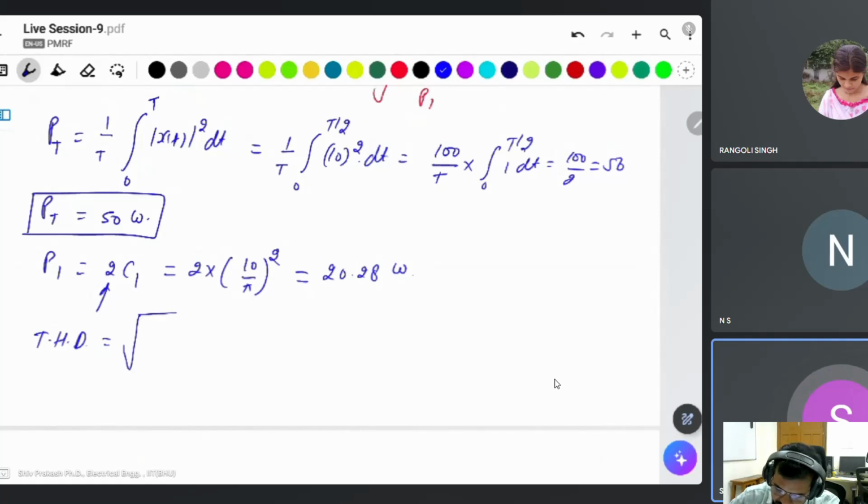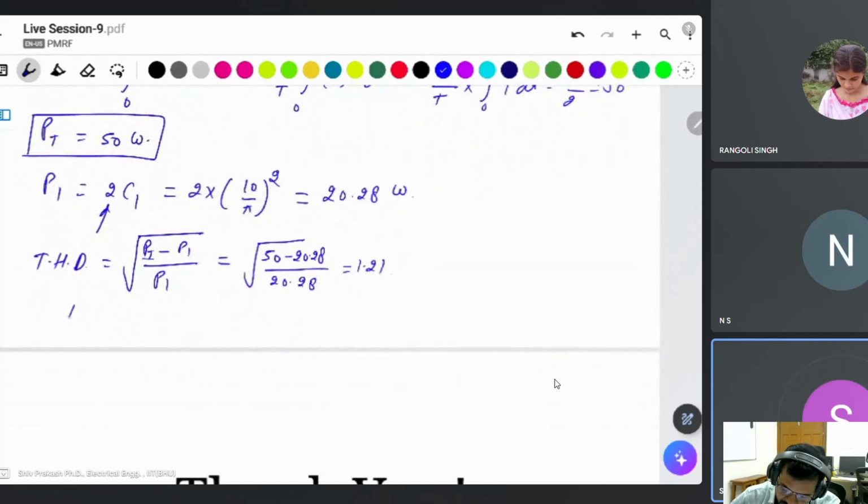THD is the root of P_T minus P1 divided by P1. Fifty minus 20.28, that gives 1.21.